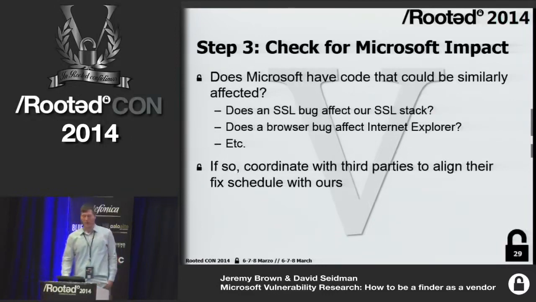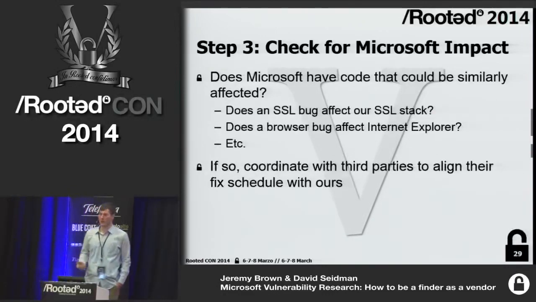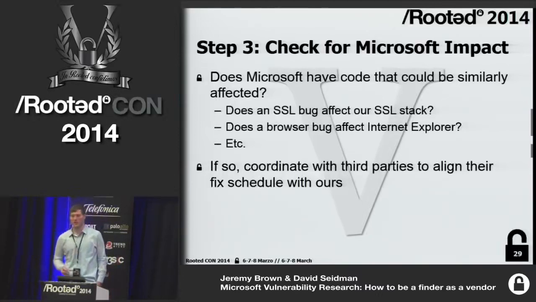Step 3, a pretty important part for MSVR. Somebody submits a bug in a third-party product, and we work with the vendor to fix it, and everything's fixed. We release it, and then we figure out a Microsoft product's actually vulnerable to this too. So someone else figures that out, and all of a sudden it's a whole different scenario, whatever their agenda is with it.